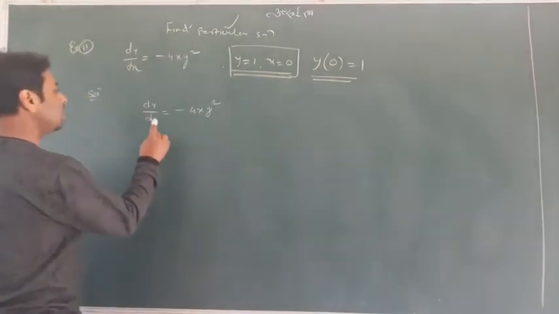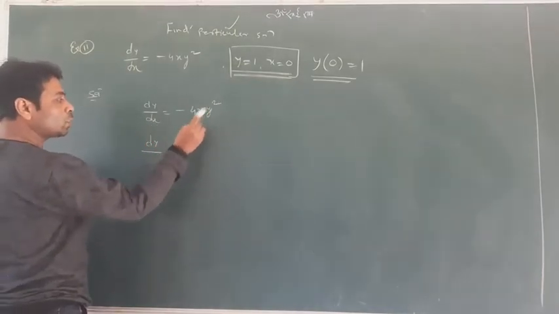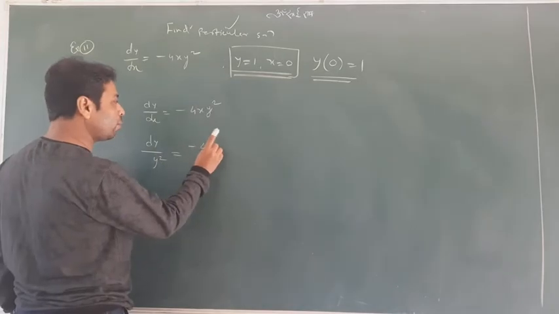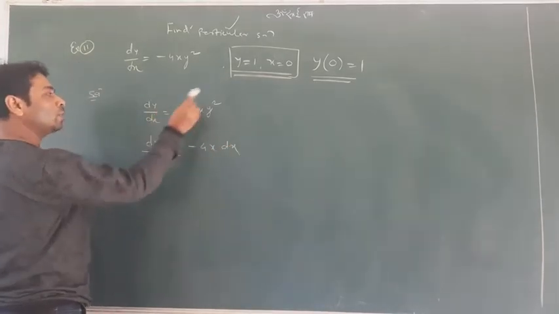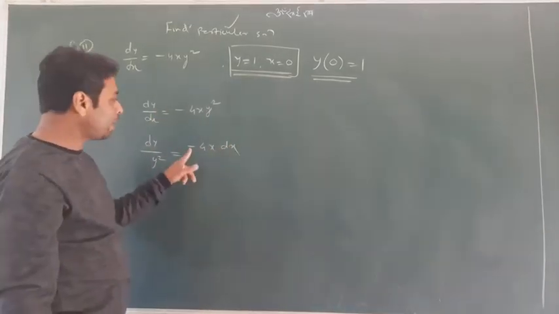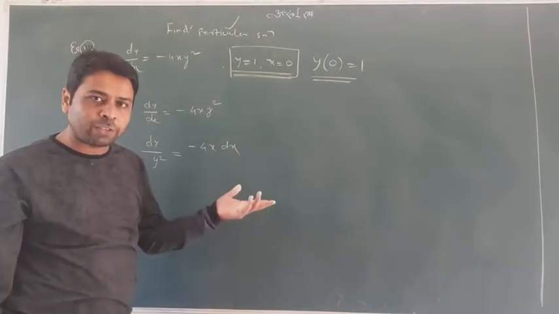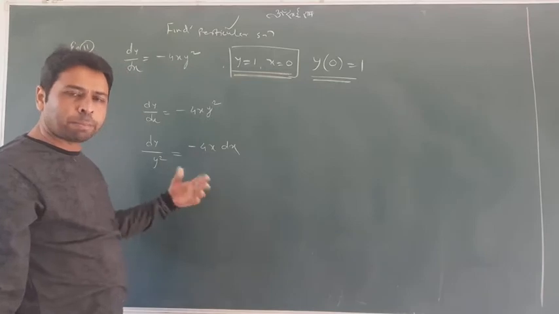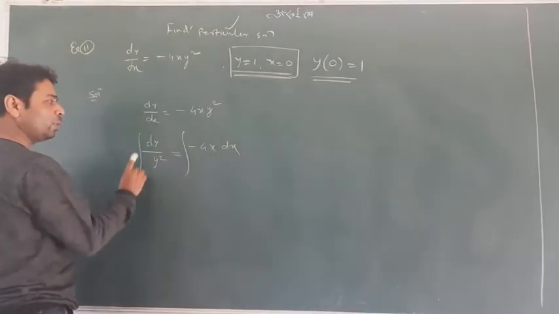I will transfer y square with dy, and the remaining is 4x and dx. About minus 4, you are free to transfer it anywhere, but I just want to let it be here. It is simple. Now I integrate both sides.